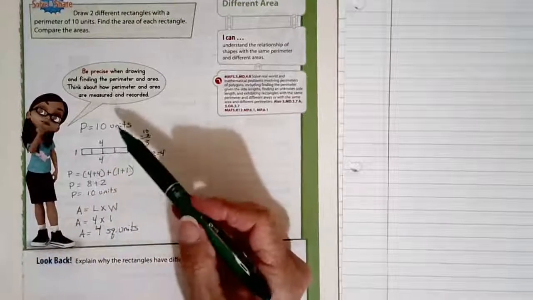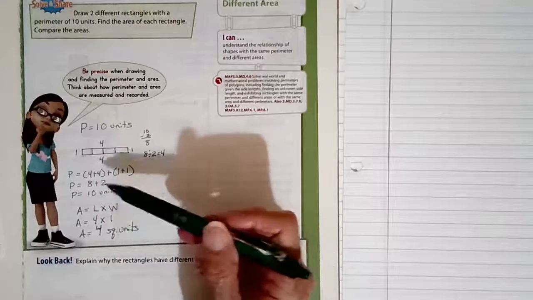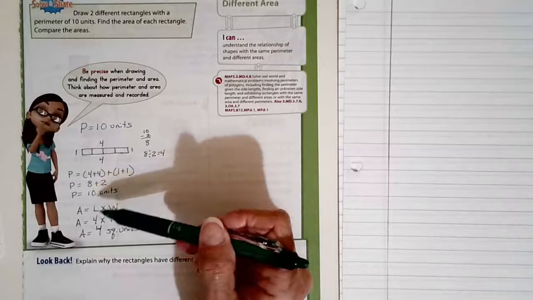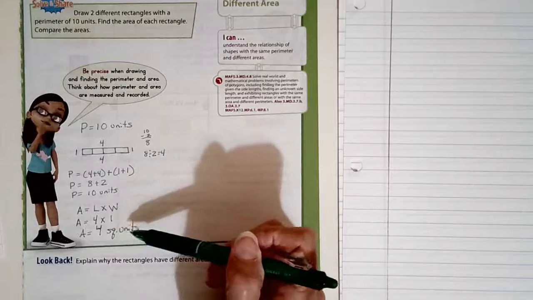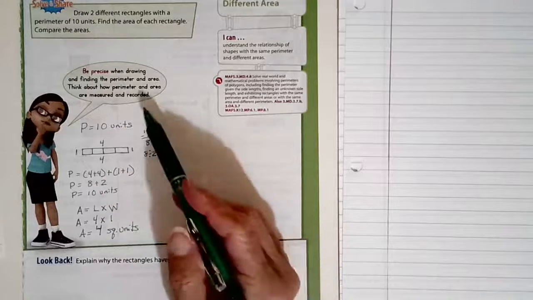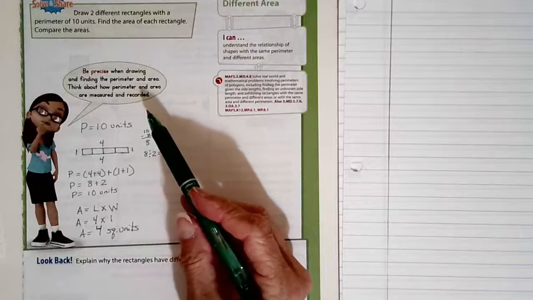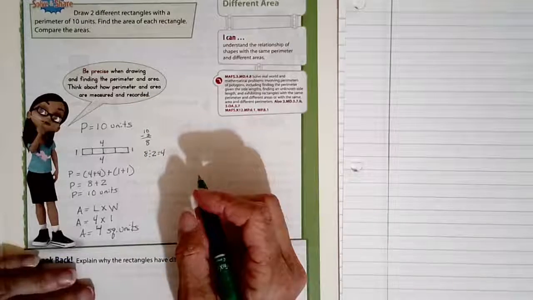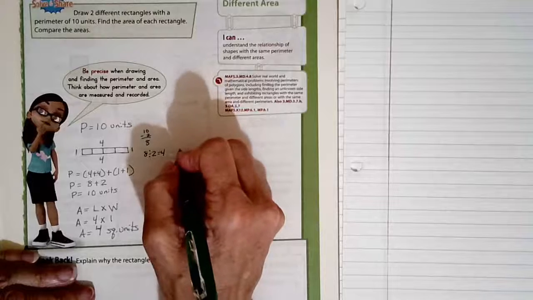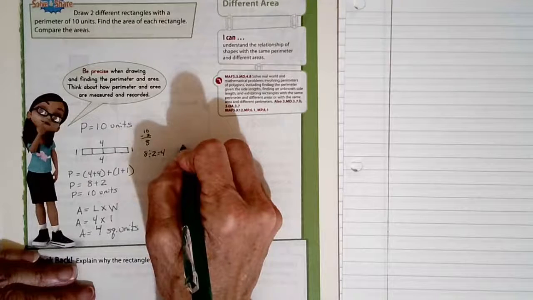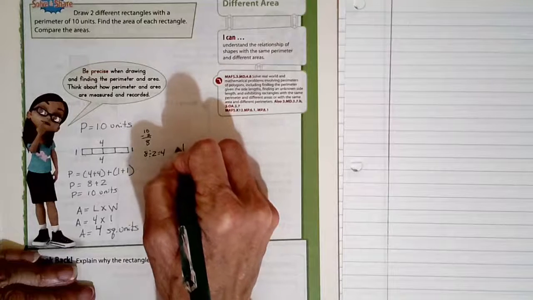So for my first shape that I just did, I have 10 units for the perimeter, 4 square units for the area. But it told me I need to do two different rectangles. So the next easiest one for me would be to say that my side is going to be 2.